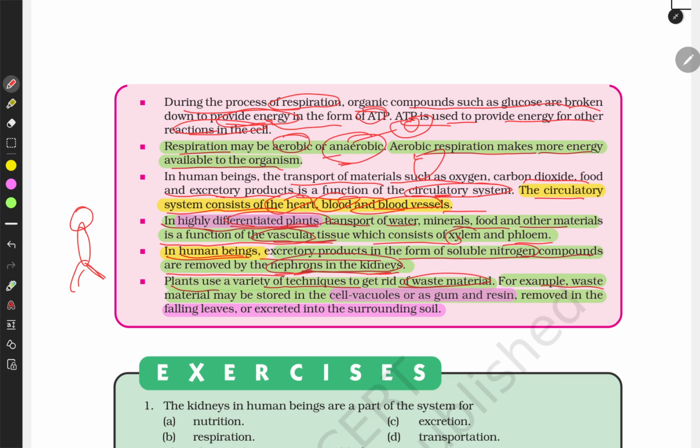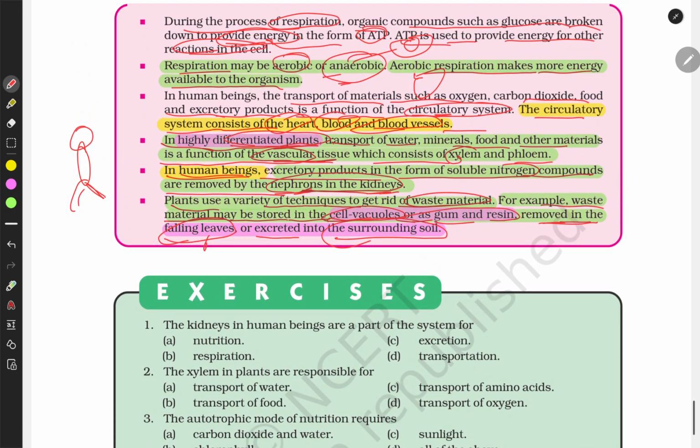For example, the waste material may be stored in the cellular vacuoles, or as gum or resin, or it can be stored in leaves which fall off, and plants also excrete waste material into the surrounding soil. Here the chapter ends.